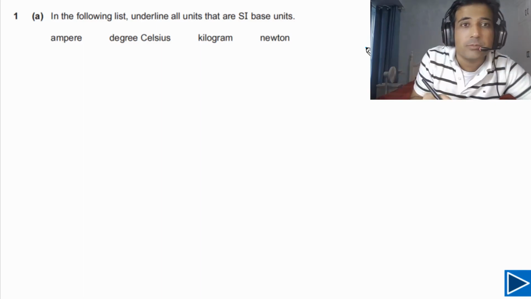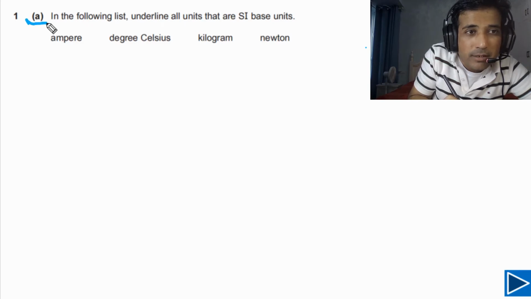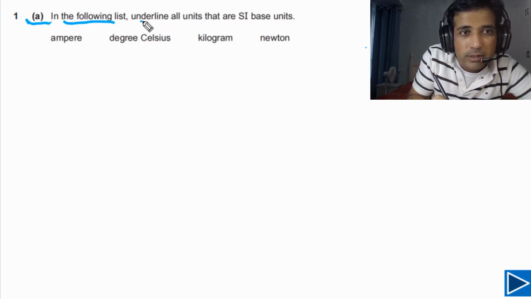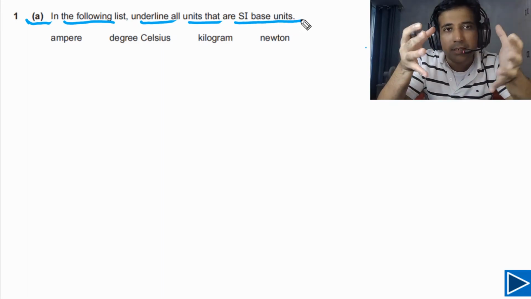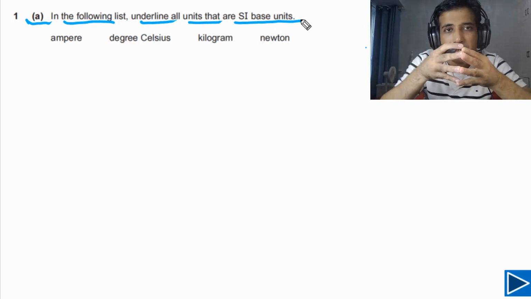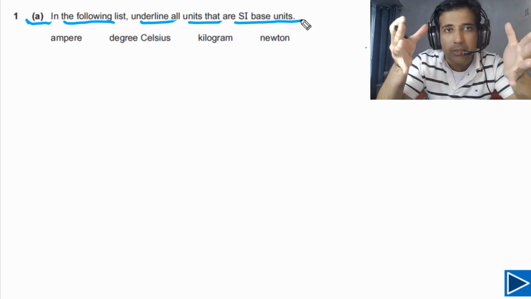Let's do question number 1 now. For question number 1, part A, it is given to us: in the following list, underline all units that are SI base units. So you need to understand there are 7 SI base units and 7 SI base quantities. SI means System International.